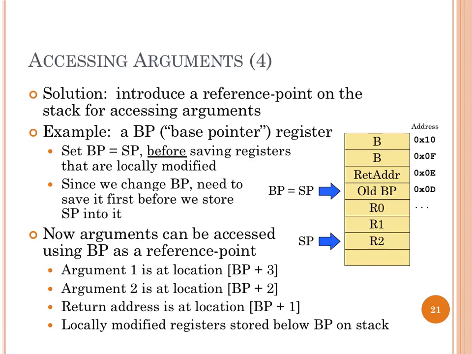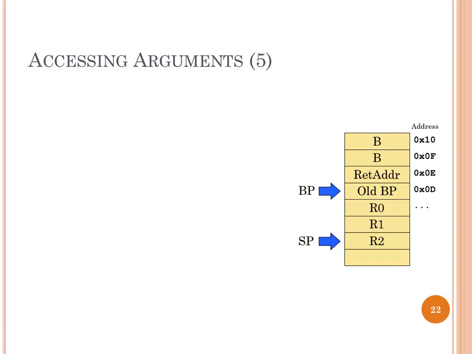Okay, it's just memory, so we just have addresses and we just have values. Argument 1 is always at BP plus 3. Argument 2 is at BP plus 2. Okay, so we could do something like this. Any questions? So the whole idea here is that since the stack pointer moves through the execution of the function, why not set up a fixed frame of reference and use that instead to keep life simpler?